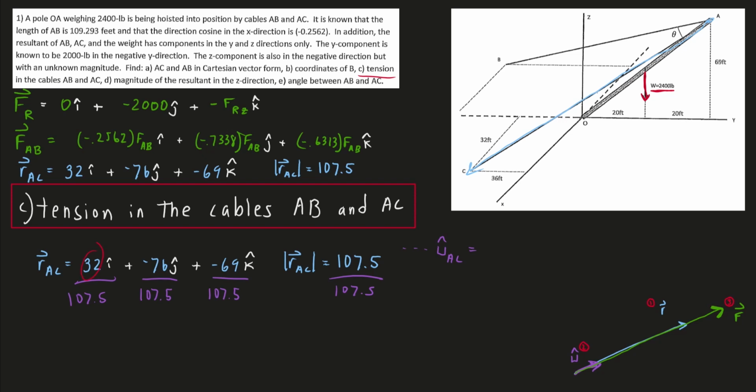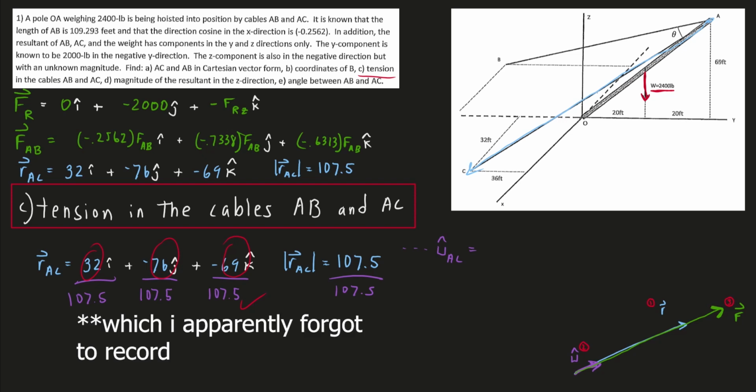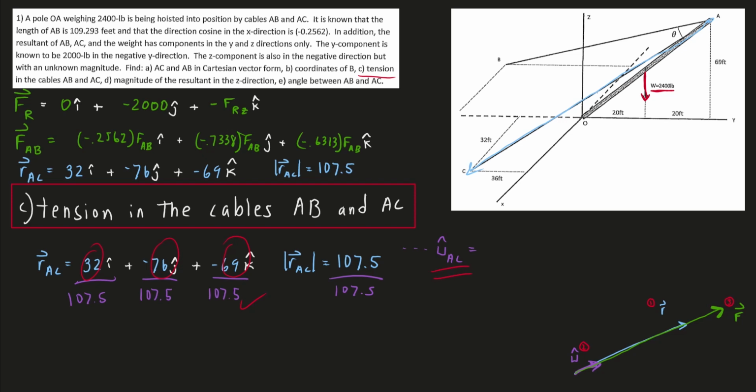Now we'll divide each component of AC by its own length, its own magnitude, to calculate our unit vector in the AC direction. So we'll get our unit vector components if we do that math.